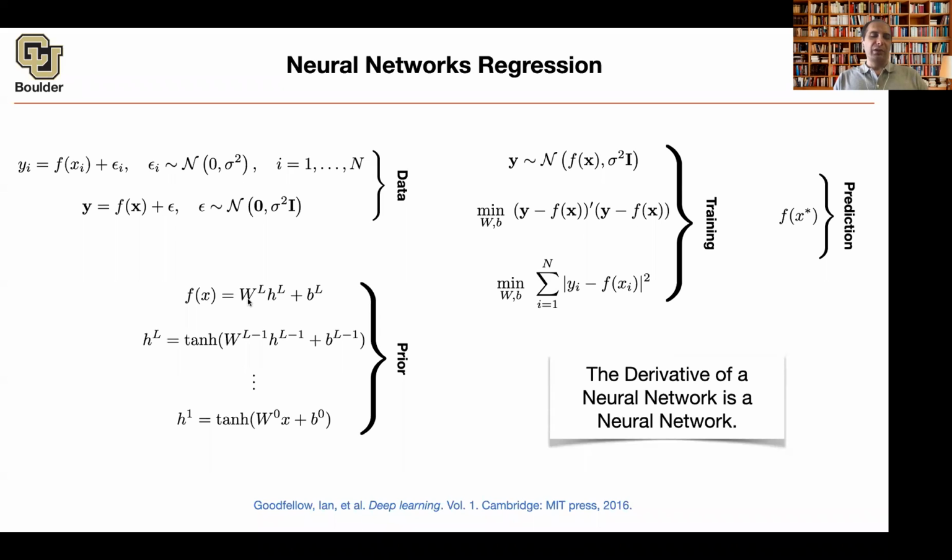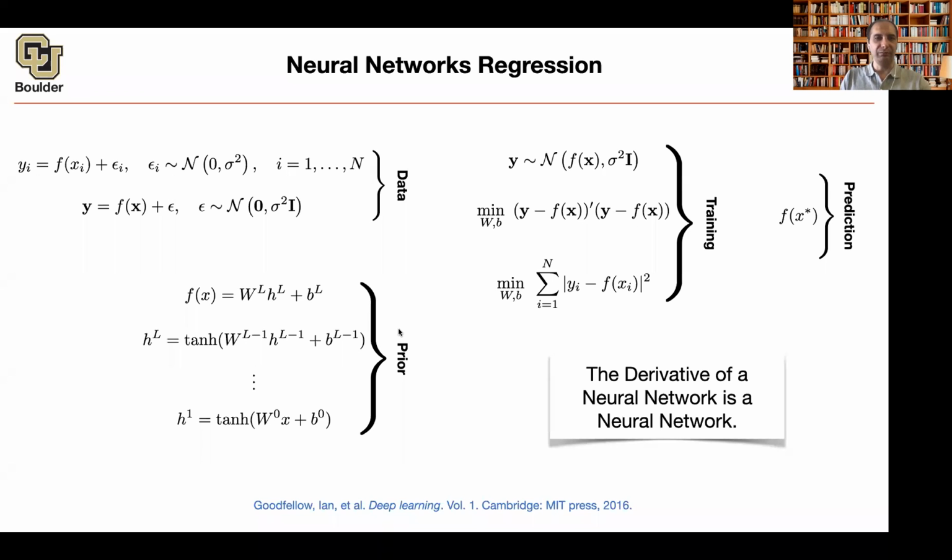These W's are going to get transposed. You're going to have the derivatives of your activation function. It's going to be 1 minus tanh squared, for instance, in the case of tanh. But whatever you do, you're going to end up with a computational graph.